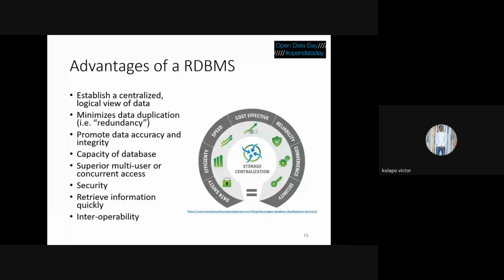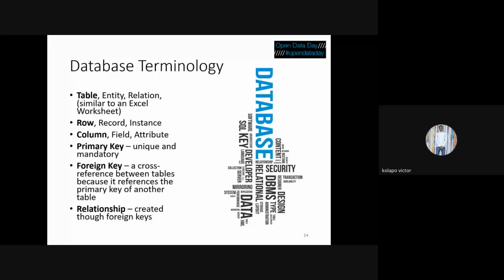So now, what are the terminologies we'll be looking at? These are some of the terminologies you should get familiar with. Anytime we're talking about an entity, we're talking about our table. When we're talking about a relation, we're talking about our table, similar to an Excel worksheet.